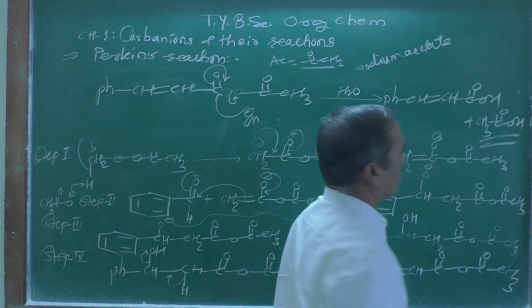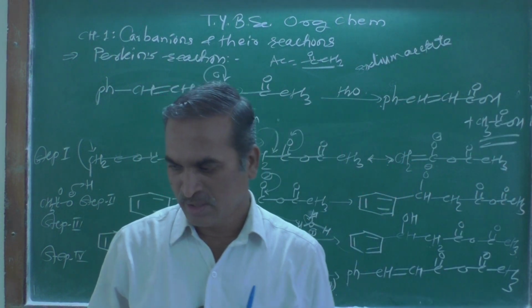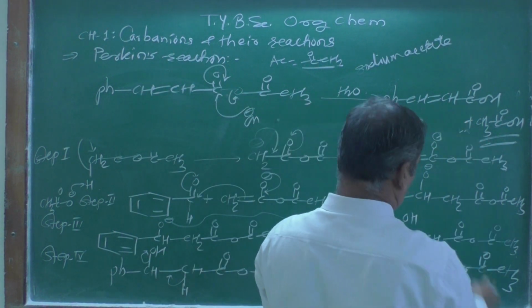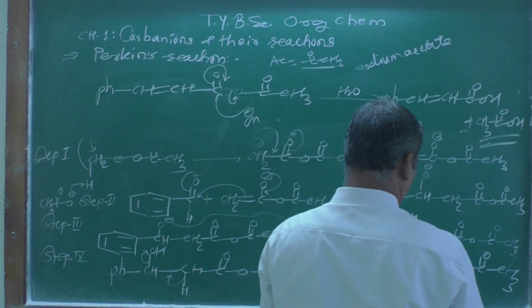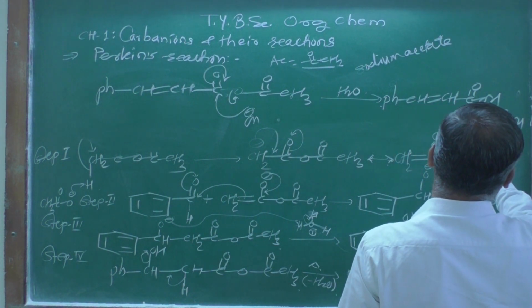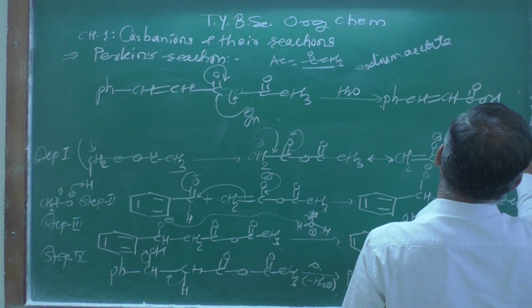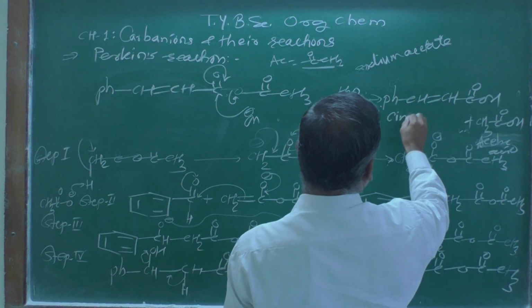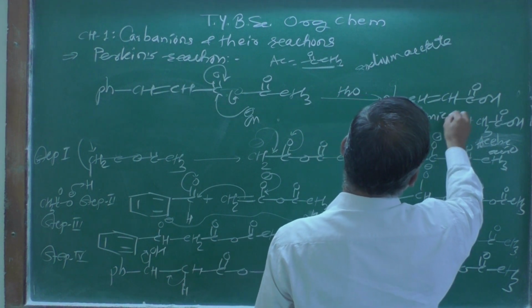The side product obtained during this reaction in a Perkin reaction is also very useful as far as organic chemistry is concerned. This is acetic acid. Acetic acid is a side product obtained, and this is known as cinnamic acid.